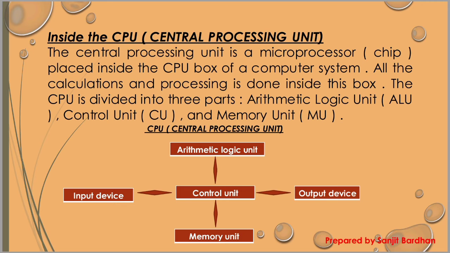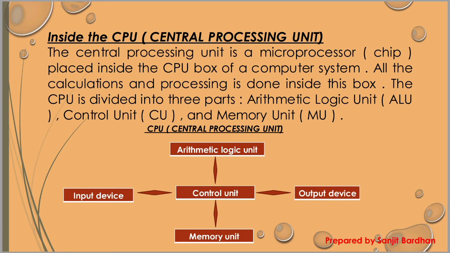All the calculation and processing is done inside the CPU. The CPU is divided into three parts. First is arithmetical logical unit, second is control unit, third is memory unit.